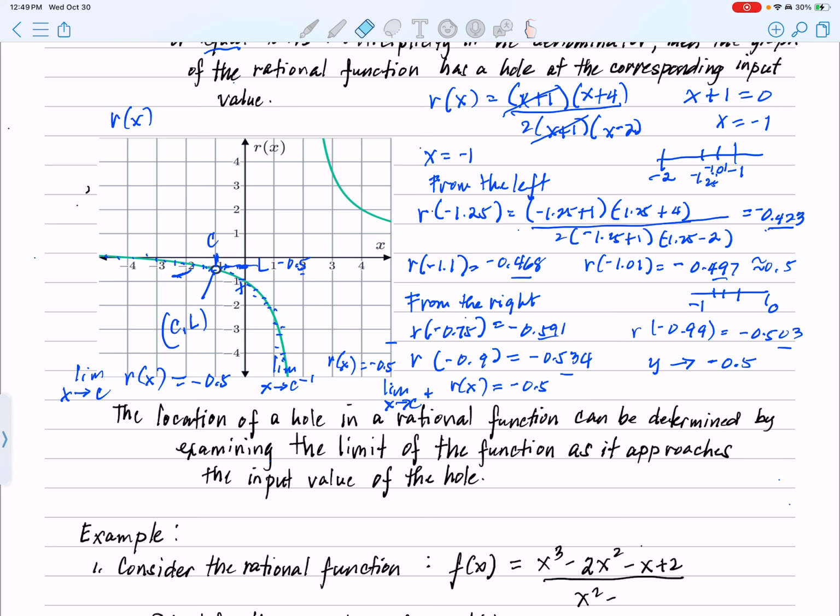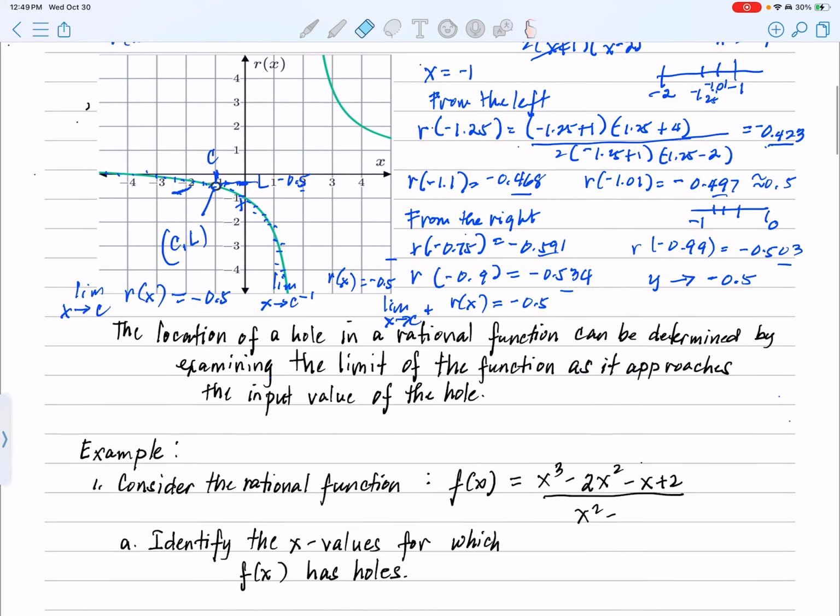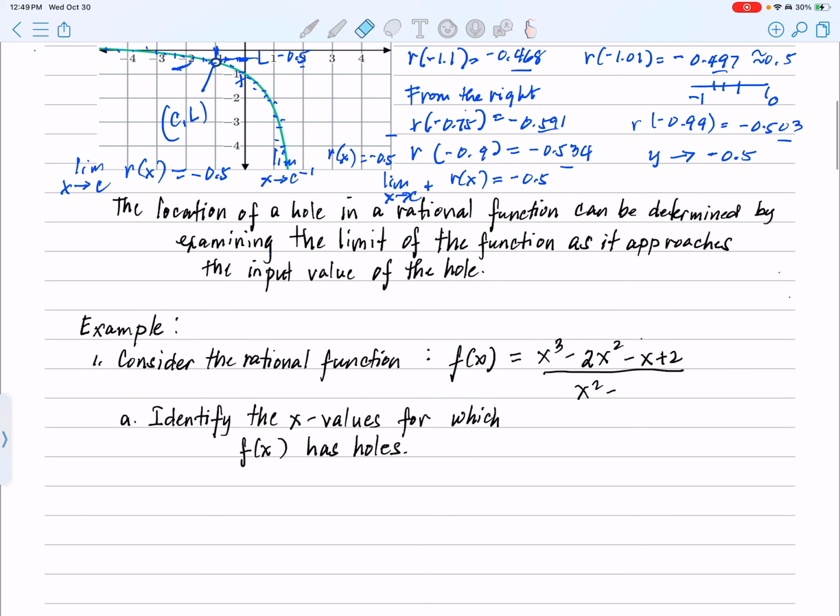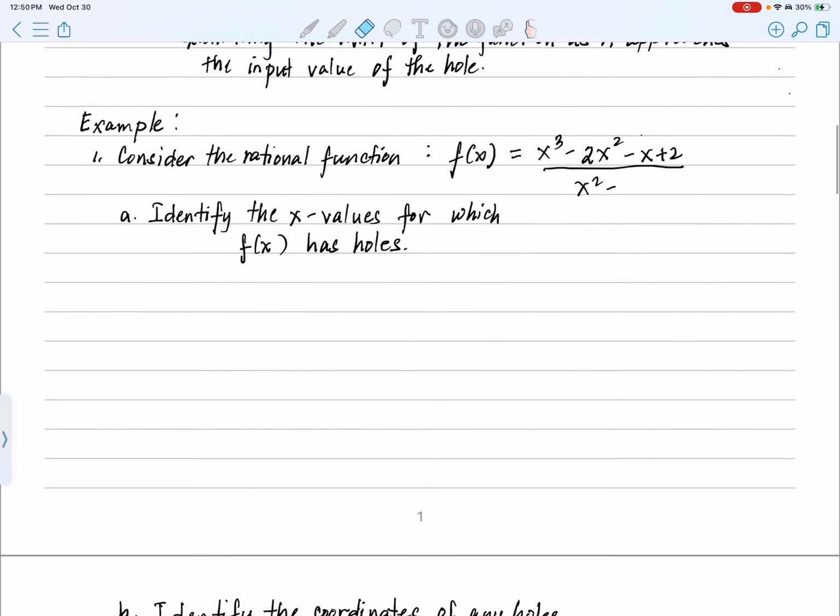Okay. So the location of the hole in a rational function can be determined by examining the limit of the function as it approaches the input value of the hole. Let's have an example here. All right, let's do this.